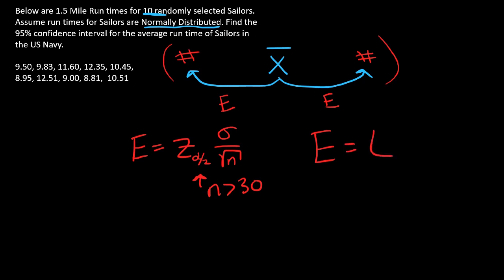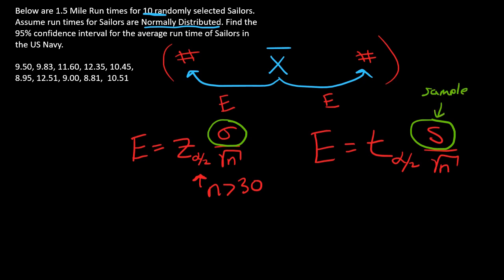I'll need to use this new formula that has t, okay, and s. Instead of having this sigma, it has s. What's the difference? Remember, this is the sample standard deviation, and this is the population standard deviation.